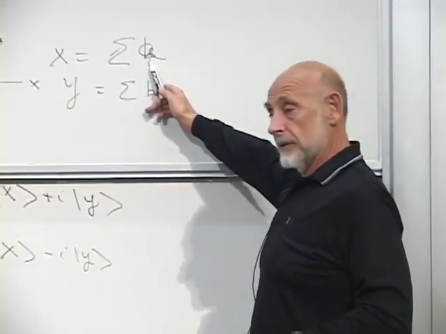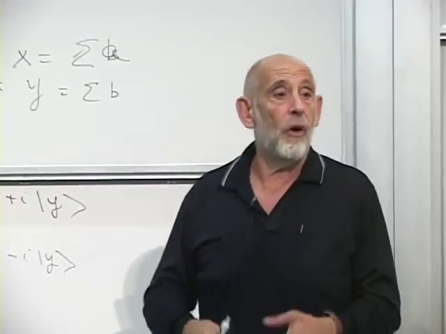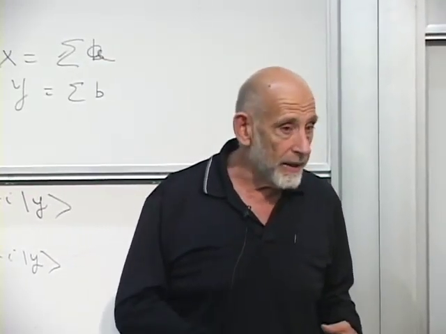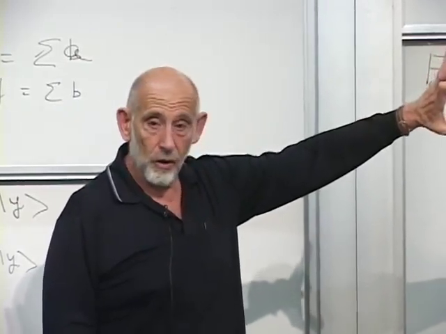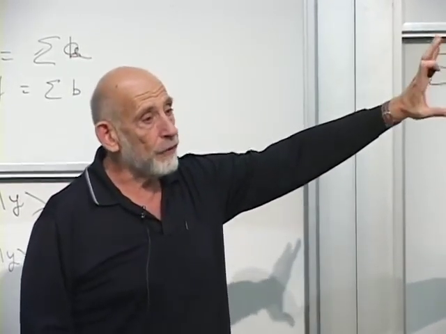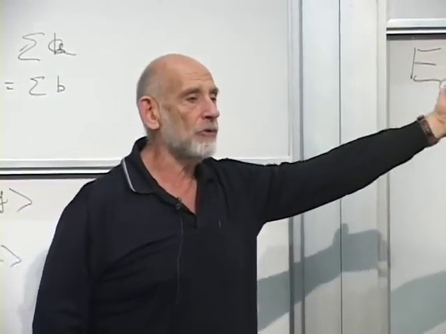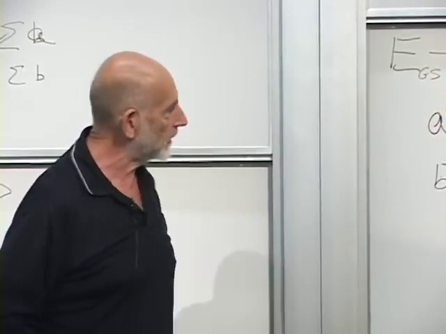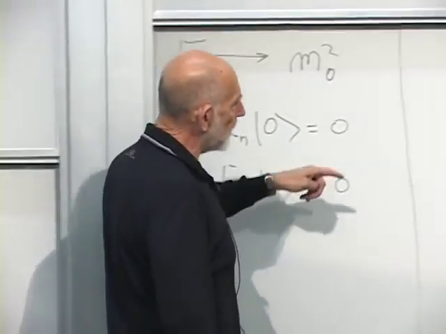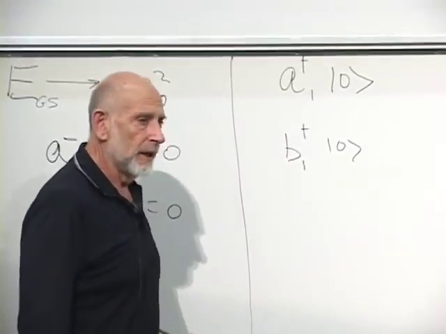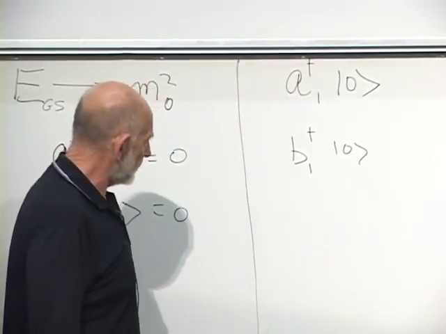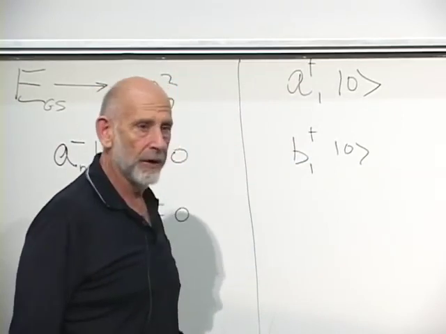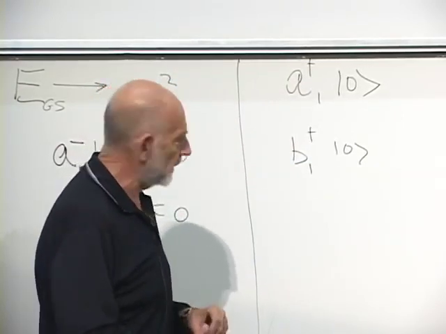What about the a's? The a's obviously also transform as a vector. A and B, if you were to rotate the coordinates, would transform into some A cosine theta plus B sine theta. It would just rotate like a two-dimensional vector. So these A's and B's are vectors. That means you can consider these two things to have a vectorial character.